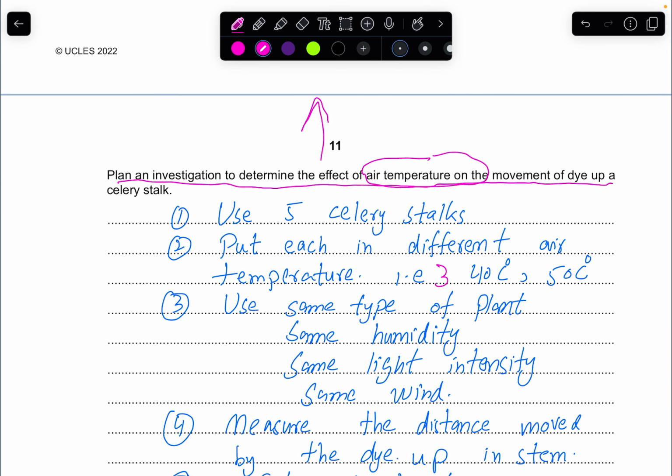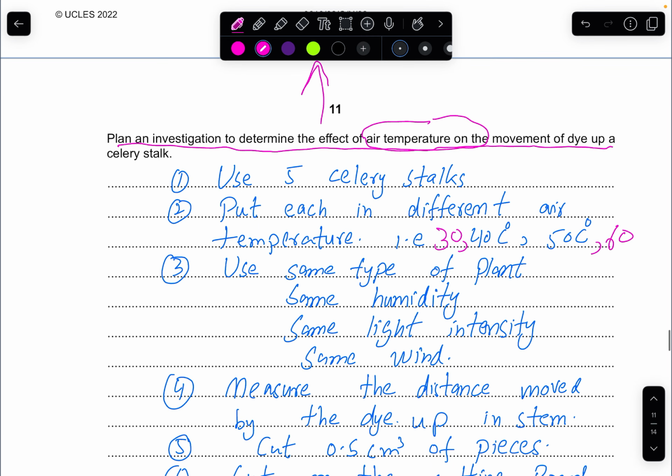First you can add like 30 degrees, 40 degrees, 50 degrees, 60 degrees, and that's our independent variable. Use the same type of plants, same humidity, that is a control variable, same intensity of light, and same wind speed.